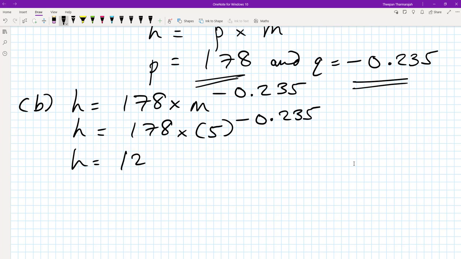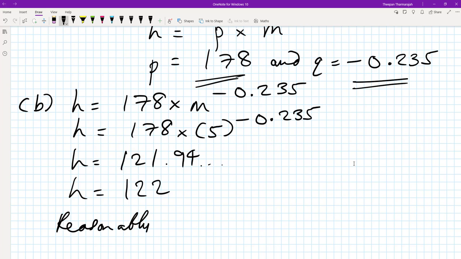So on my calculator I get 121.94 and so on. We can round this up to 122 and we can say this is reasonably accurate. So it is suitable.